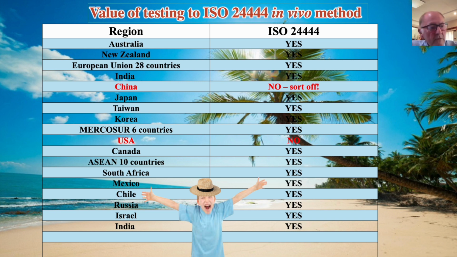Obviously, we are animals, and there's a non-animal testing argument towards this. But primarily, for now, if you have your product tested to 24444, then it means it's going to be recognised testing appropriate to most parts of the world. Just a couple of exceptions, USA being the big standout, and China now has recently come on board, fairly close methodology.